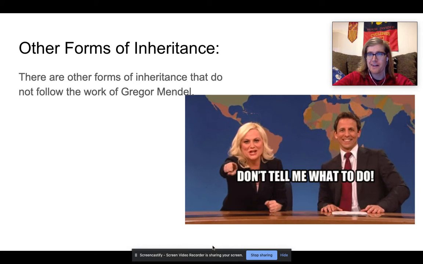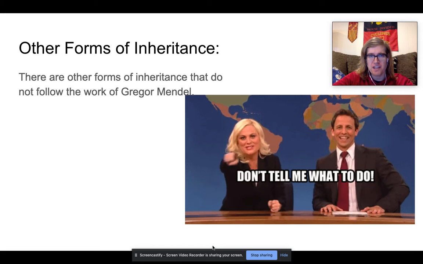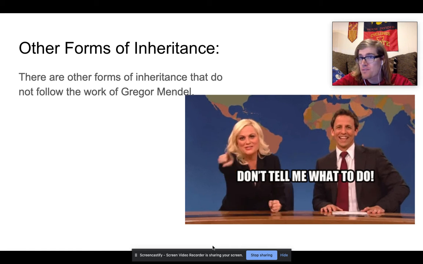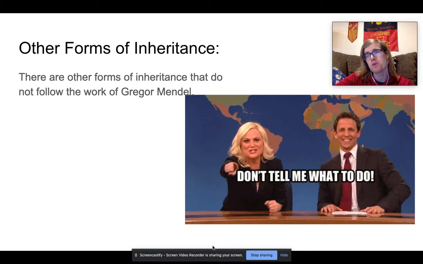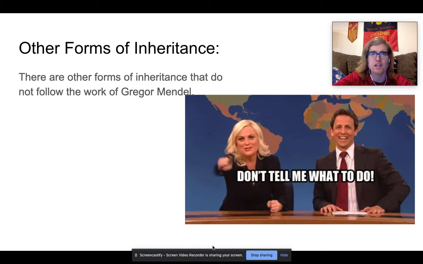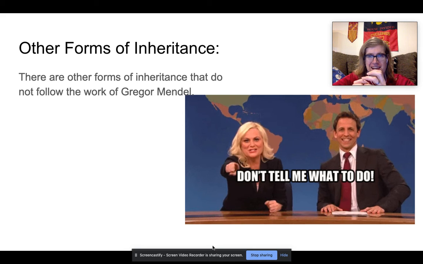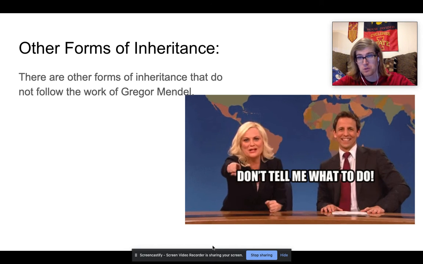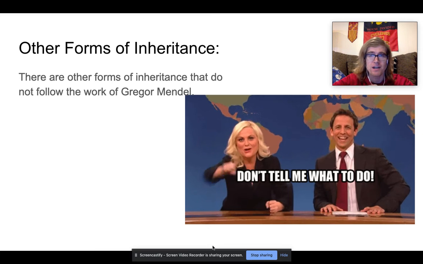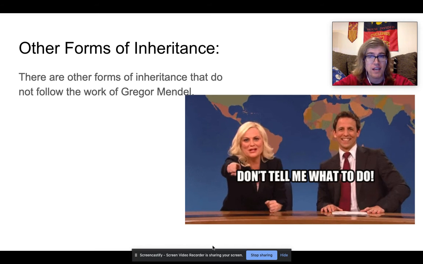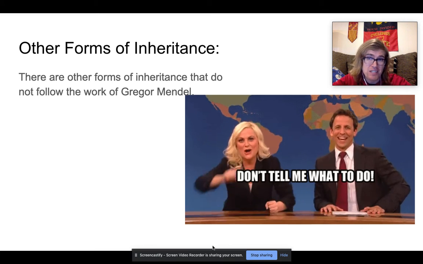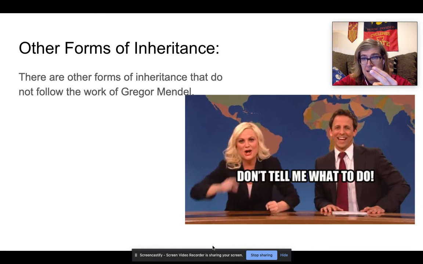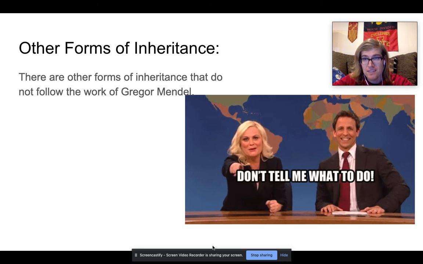When you left the other day, we had been working on other types of inheritance. Remember, we did that case study where we looked at work from your fellow botany students, and they mixed some flowers together. They expected them to follow Mendel's rules of having two alleles, one dominant and one recessive, where the dominant one masks the recessive one, and to have the recessive trait you had to have two recessive alleles of the same gene.